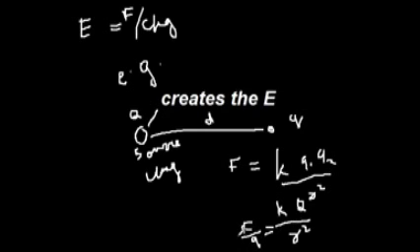Electric field E is equal to F by q, that is K Q by R square. That is your formula of electric field.